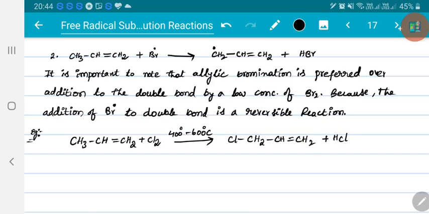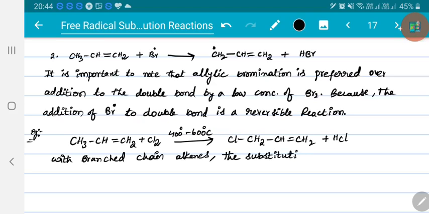Particularly with branched chain alkenes, the substitution takes place more readily, even at room temperature.